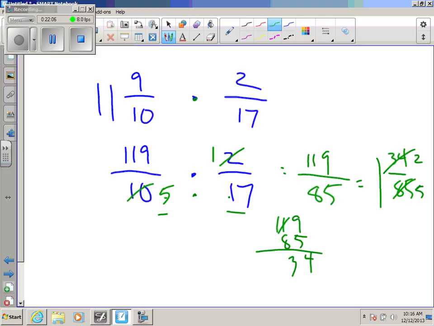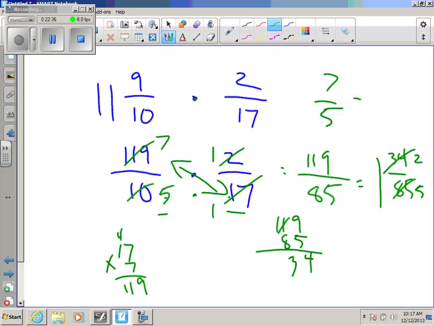See, actually, if you were to reduce the 119 and 17, there may be something there. What if we went times 7? 49. Does that give us? So if we would have recognized that right away, we'd say that's a 1, and that's a 7, and you'd get 7 over 5 instead of 119 over 85.